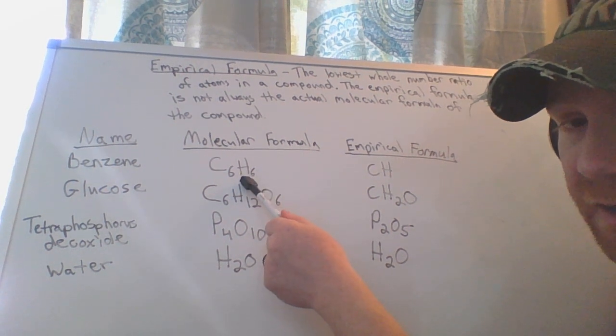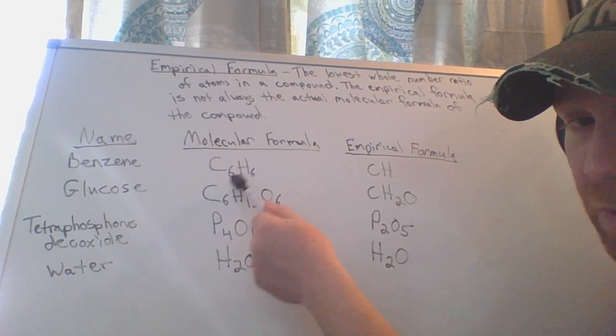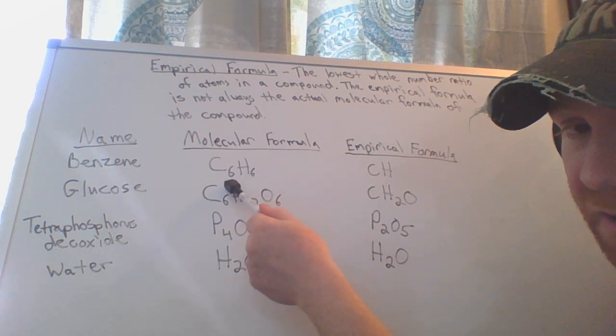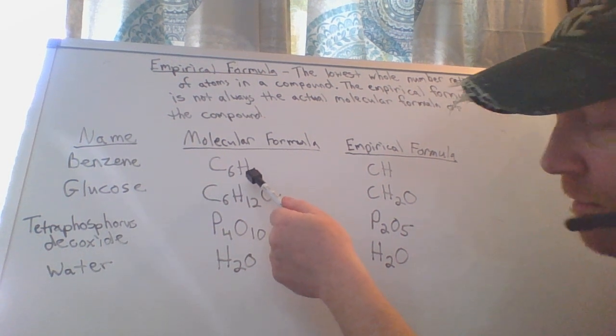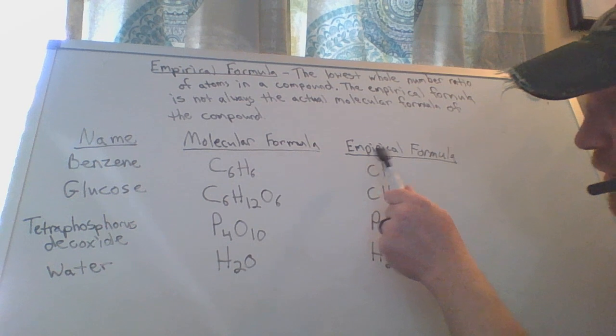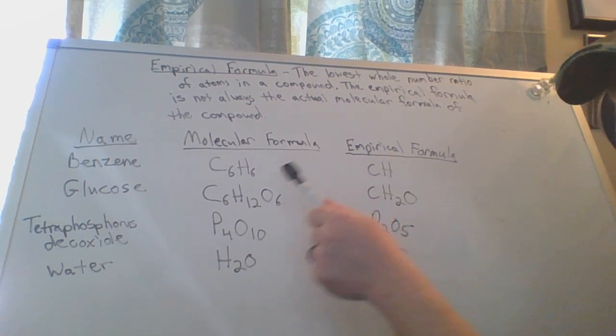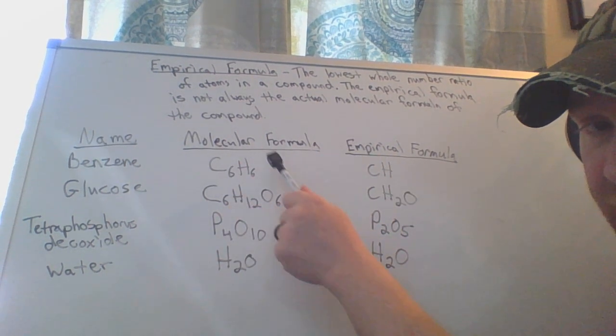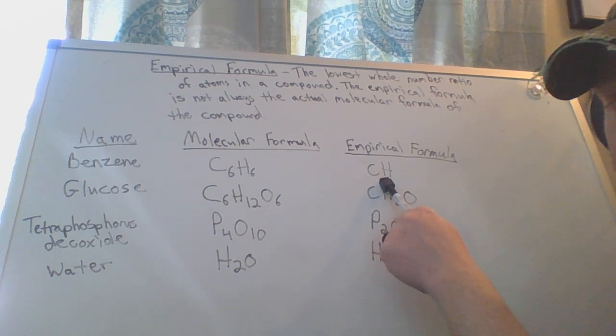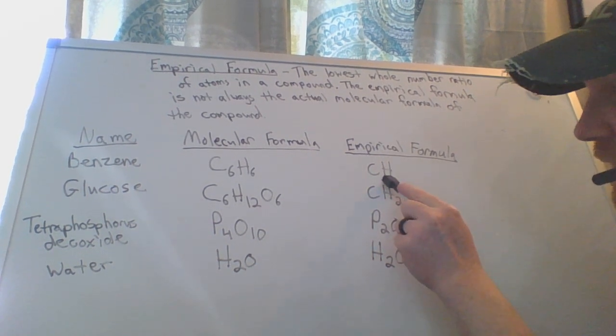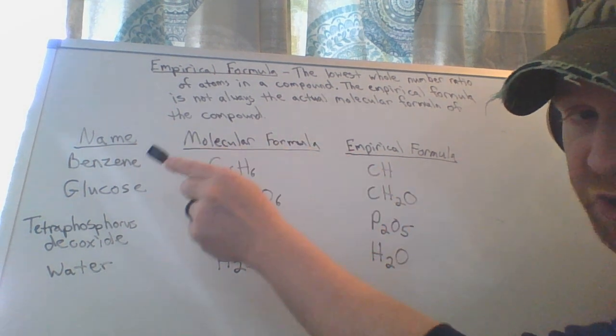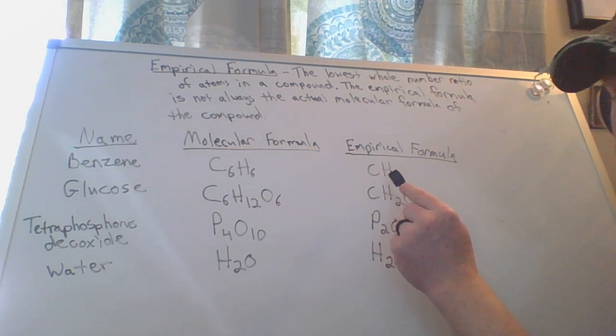The question is, can that particular ratio of 6 to 6 carbon to hydrogen be simplified? Of course it can. So the empirical formula, if you divide everything here by 6, you can get the lowest whole number ratio of CH. Even though CH is not actual benzene, it does tell us the ratio.